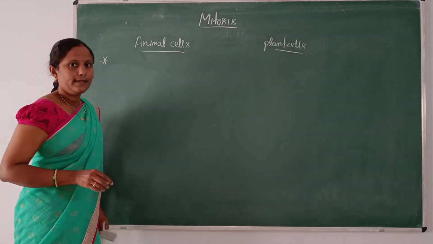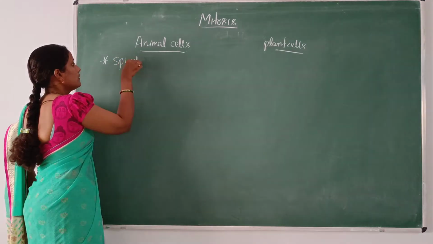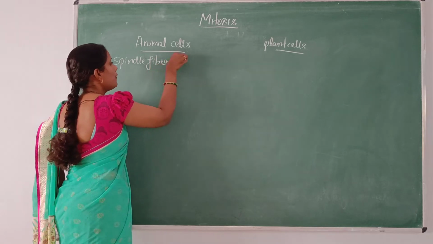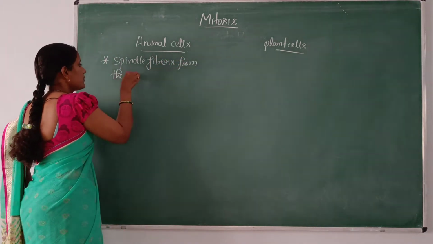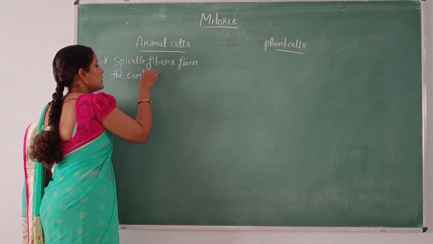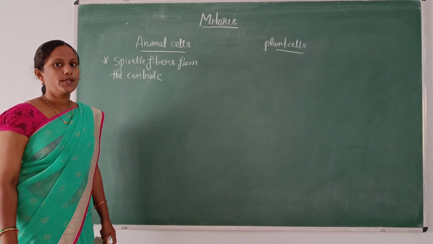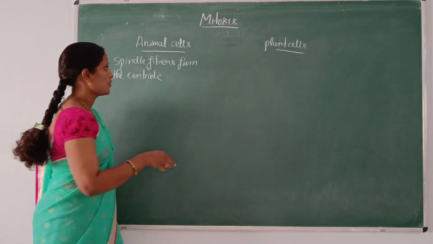In animal cells, there is a formation of spindle fibers from the centrioles. From the centrioles there arise spindle fibers, which are responsible for the separation of chromosomes.